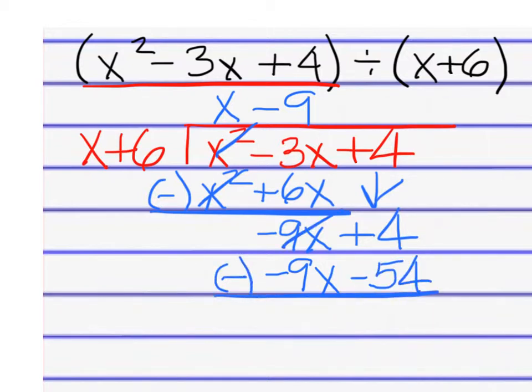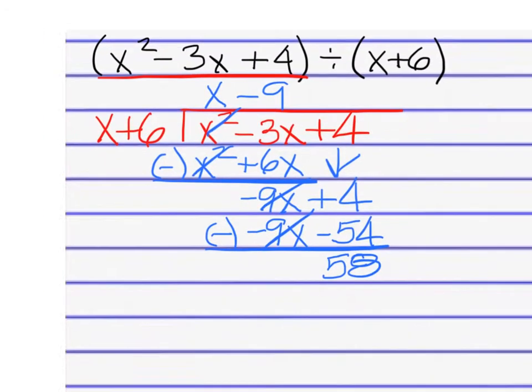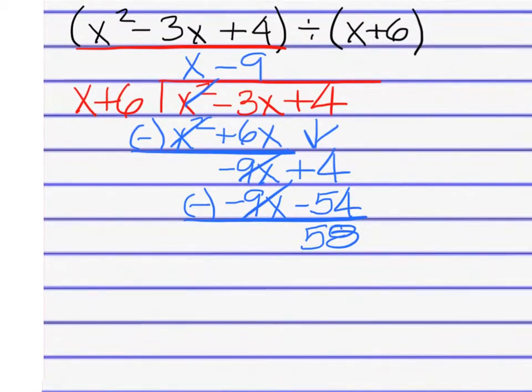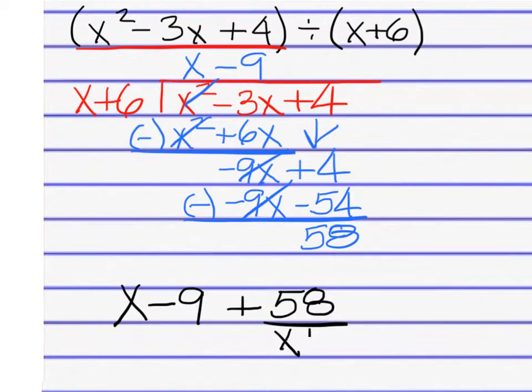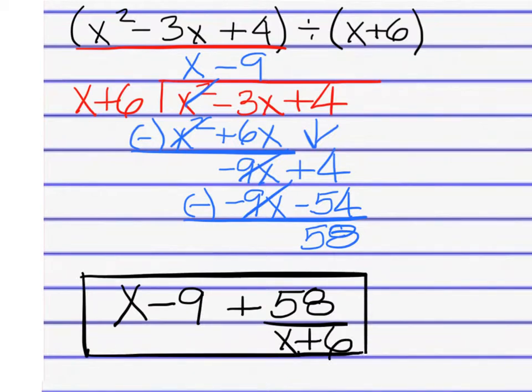Subtract. Cancel. 4 minus a negative 54 is a positive 58. You will write your answer in the following form. X minus 9 plus 58 over x plus 6.